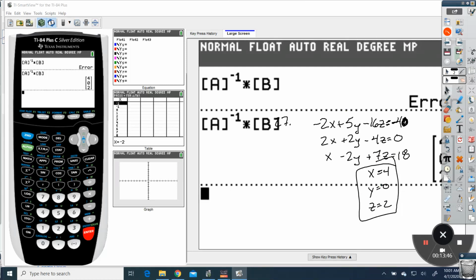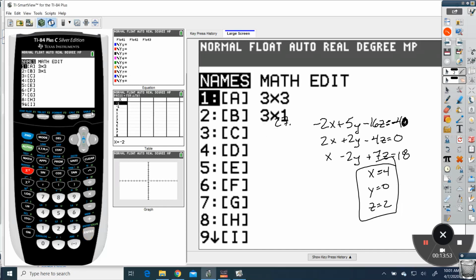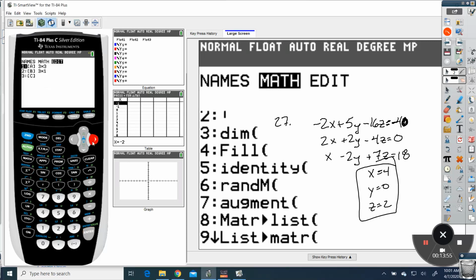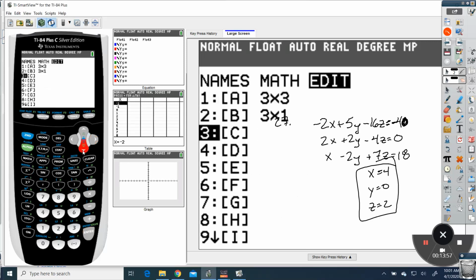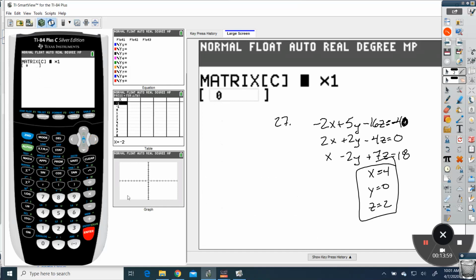Okay, so I go back to my calculator, second matrix, edit, and I'm going to go down to C just to keep it different. And I'm going to put in a 3 by 4, so 3 rows by 4 columns.